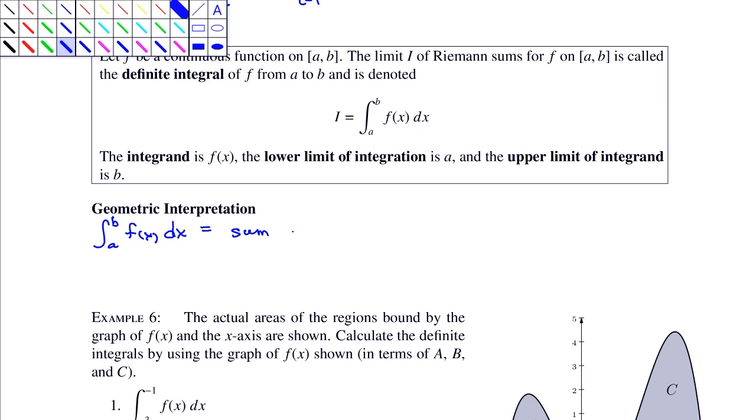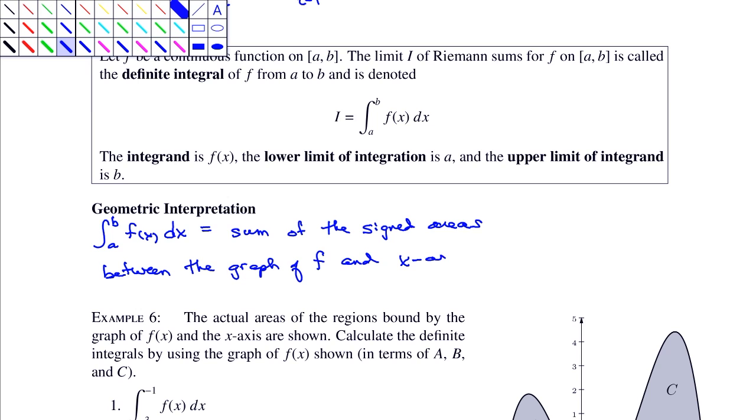So it is the sum of the signed areas between the graph of f and x-axis on a to b. Again, the a to b are the limits of integration.